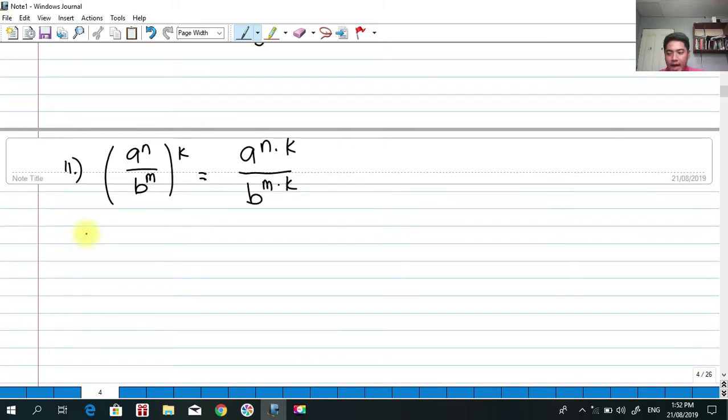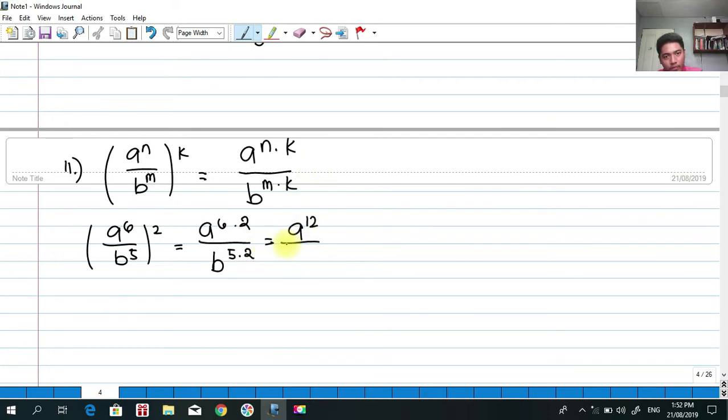So for example, we have a raised to 6 over b raised to 5, squared. So what we are going to do is a raised to 6 multiplied by 2 over b raised to 5 multiplied by 2, so that we have a raised to 12 over b raised to 10.